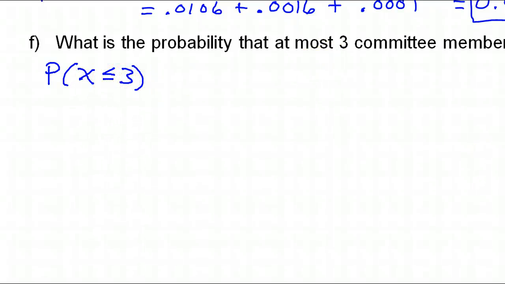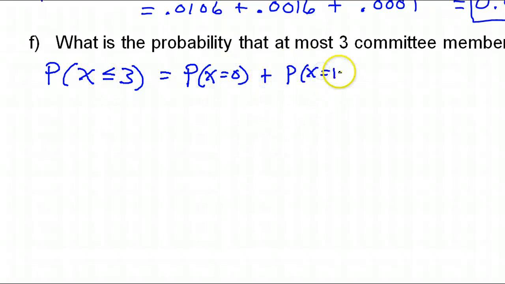So I'm adding the probability of x being 0, because that's less than 3, plus the probability of x equals 1, plus the probability that x equals 2.